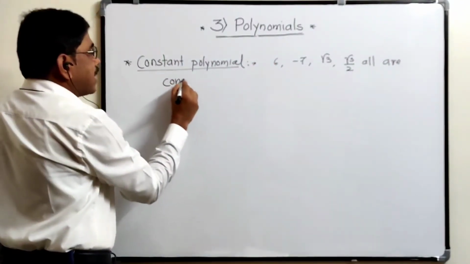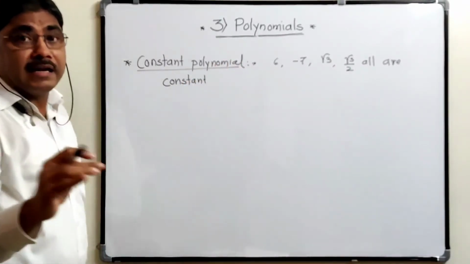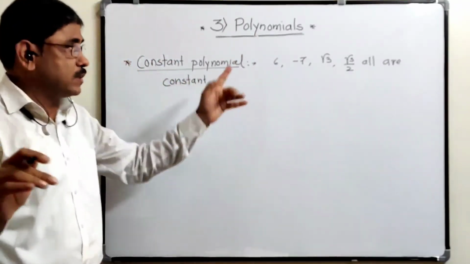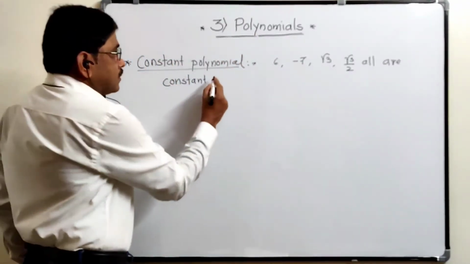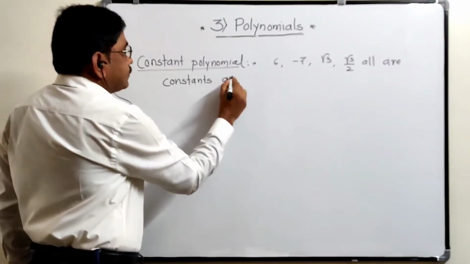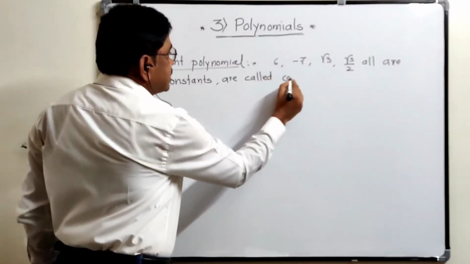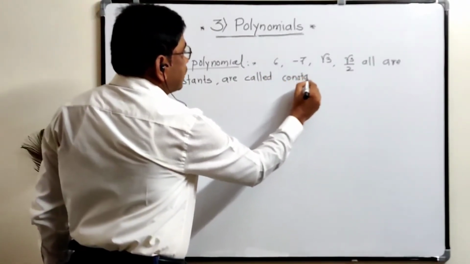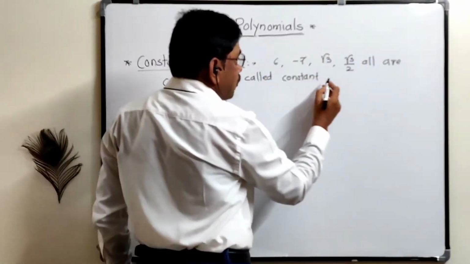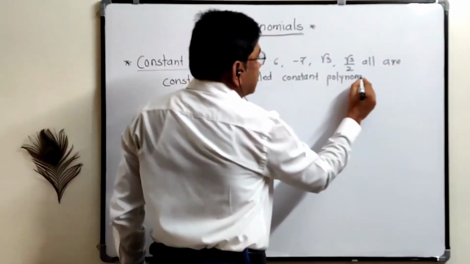Constants means number only, no variable. But you know variable is there. The index of variable is 0. 6x raised to 0. X raised to 0 is 1. That's why it is 6. All are constants, are called constant polynomial. Means if only number is there, means only 6, then these types of polynomials are known as constant polynomials.